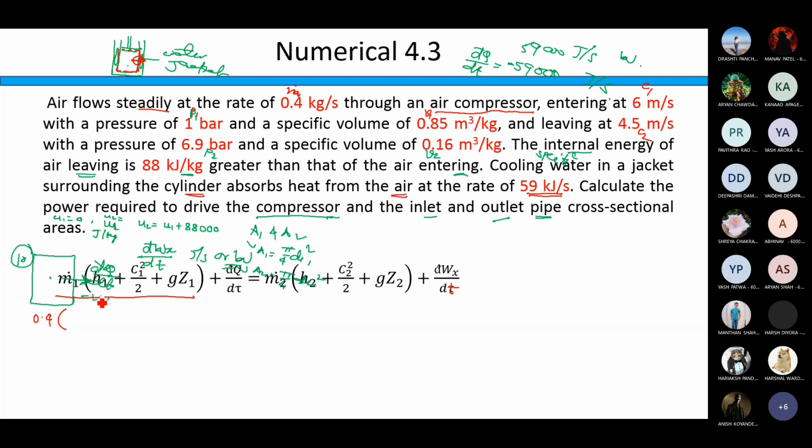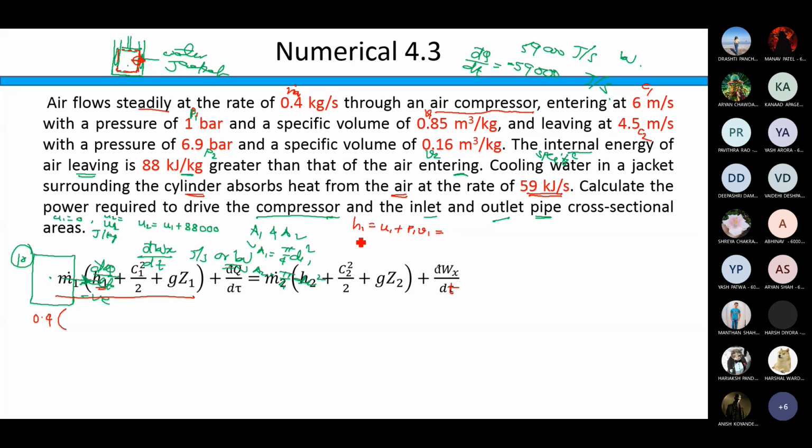Into bracket, what is the enthalpy now? H1. Find out the enthalpy H1. So can I write it like this, U1 plus P1 V1? We know this. So I am going to write this enthalpy H1 as U1 plus P1 V1, right?